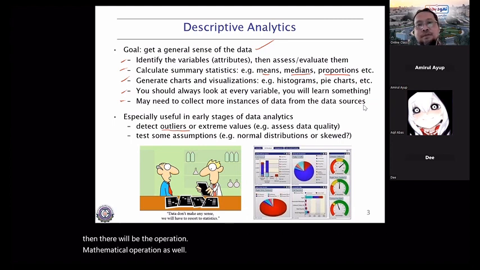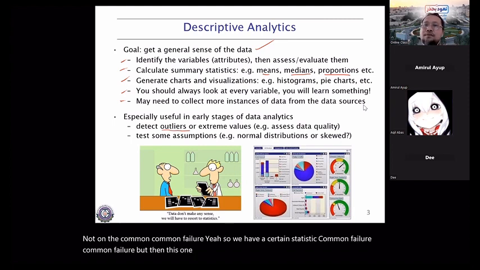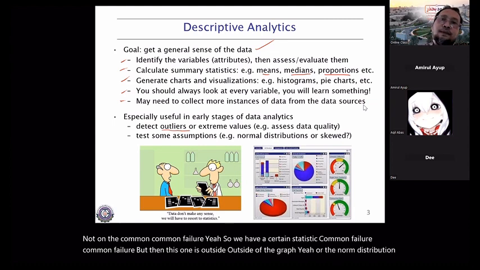So basically, an outlier is a value that is not among the common values. We have a certain statistical common value, but this one is outside of the graph, or the normal distribution, we can say.